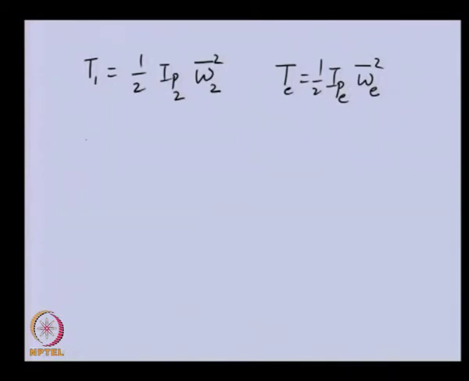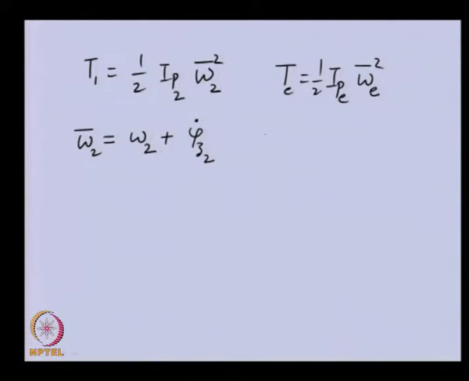Now, this angular velocity has two components. One corresponds to the nominal speed omega 2 of the second shaft, plus the angular velocity due to torsion.